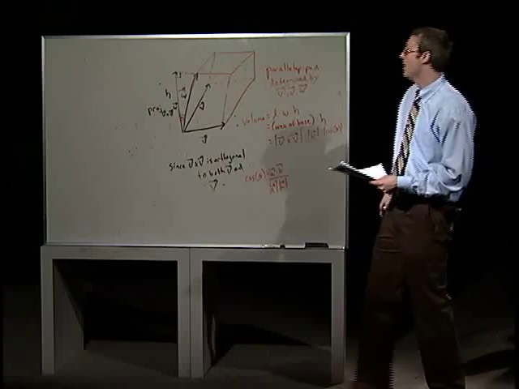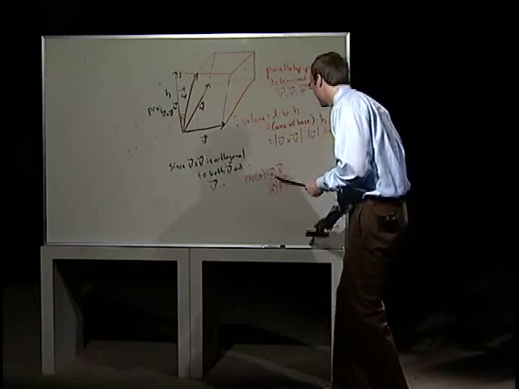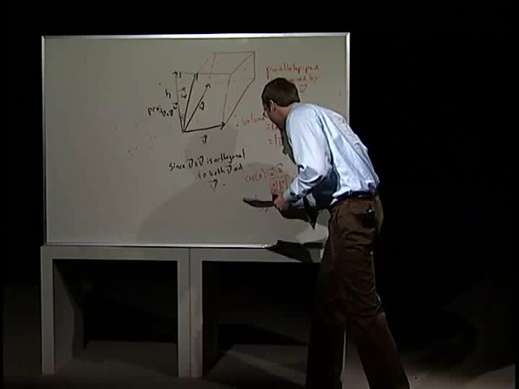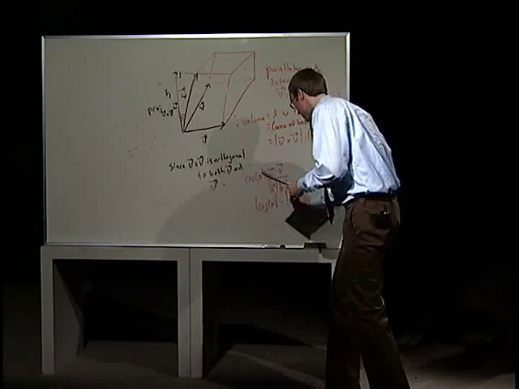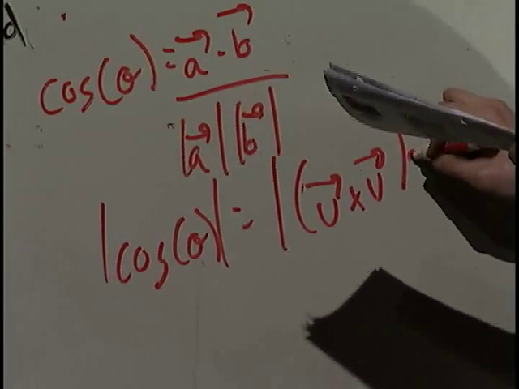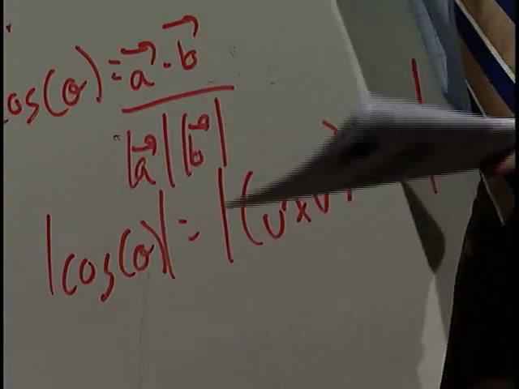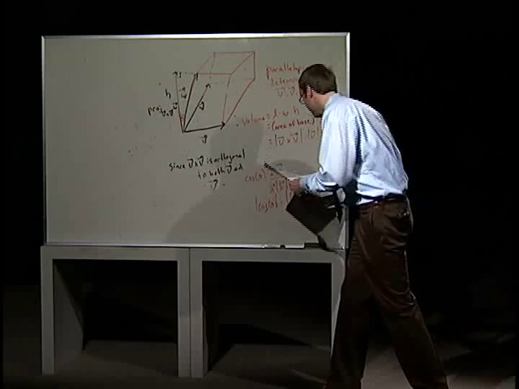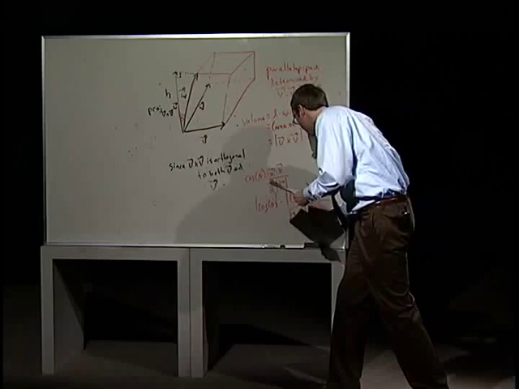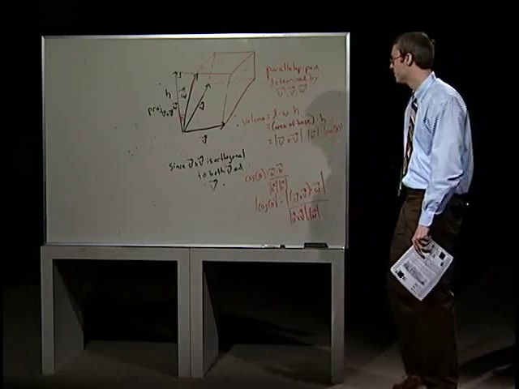Our A and our B are W and U cross V. So in our case, we have the absolute value of cosine theta equals U cross V dot W, because the vectors involved here are W and U cross V, the projection there, over the length of U cross V times the length of W as such.